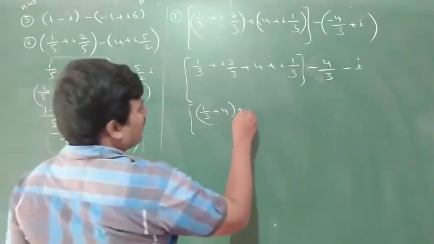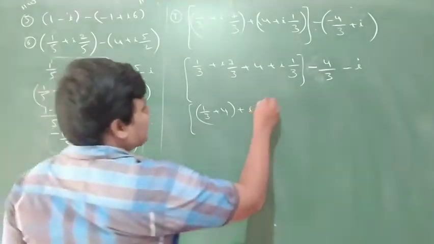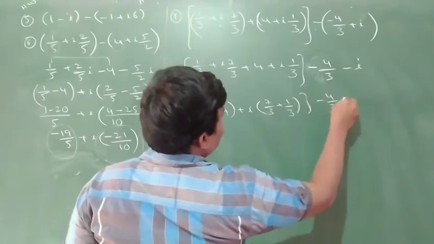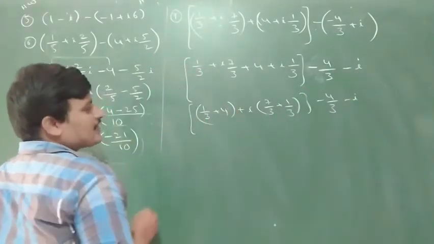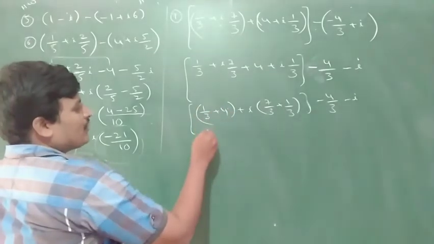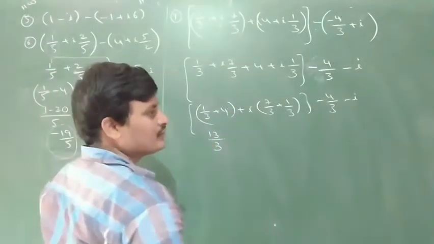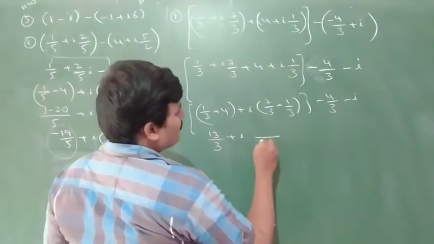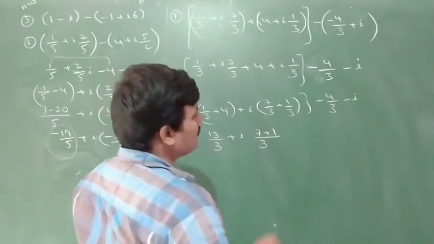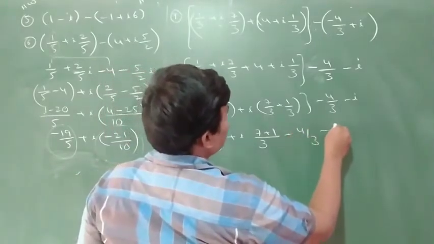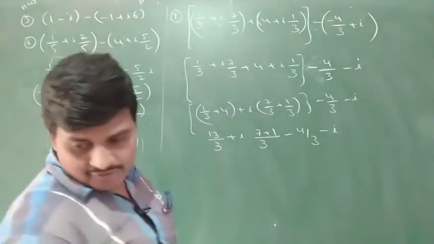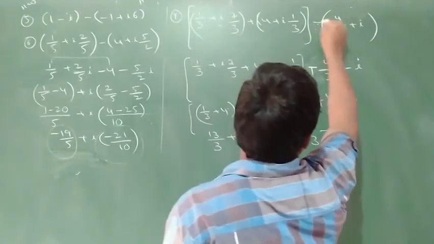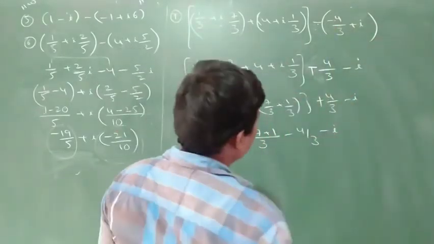Separate the real part and imaginary part: 1 by 3 plus 4, and i common: 7 by 3 plus 1 by 3 minus 4 by 3 minus i. 1 by 3 plus 4 is 12 plus 1, 13 by 3.